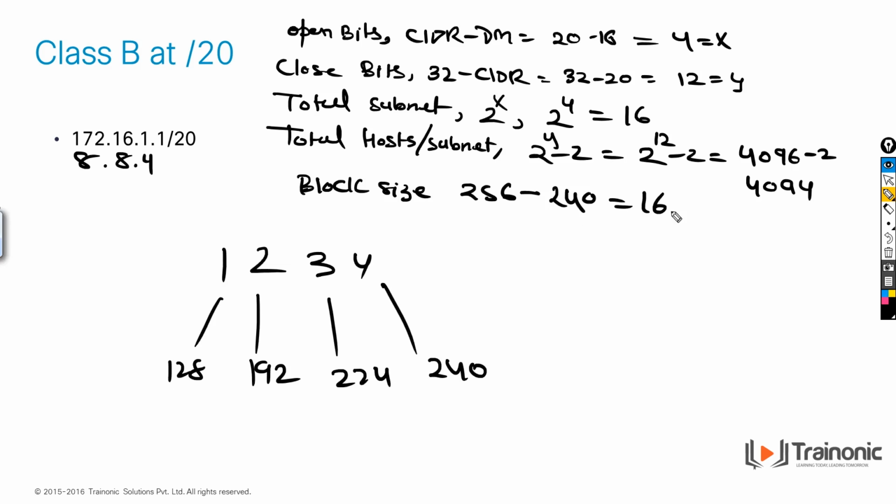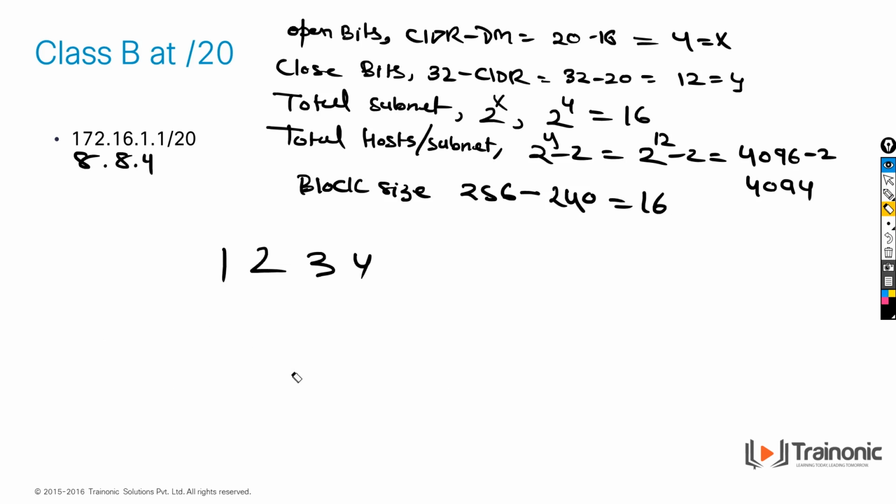So 240, and your block size is 16. Then the subnet mask is 255.255.240.0.